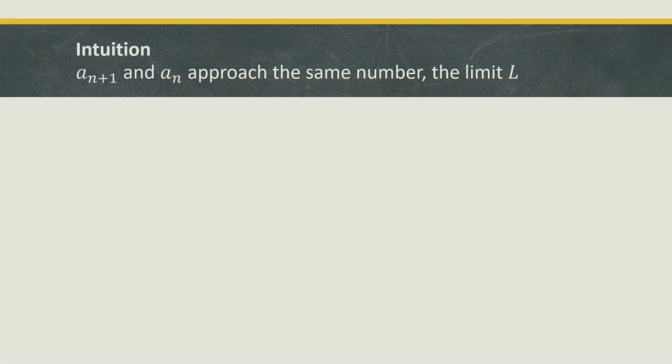We will begin with the intuition that two successive terms in a sequence, a sub n plus 1 and a sub n, approach the same number, the limit L, as n becomes very big.